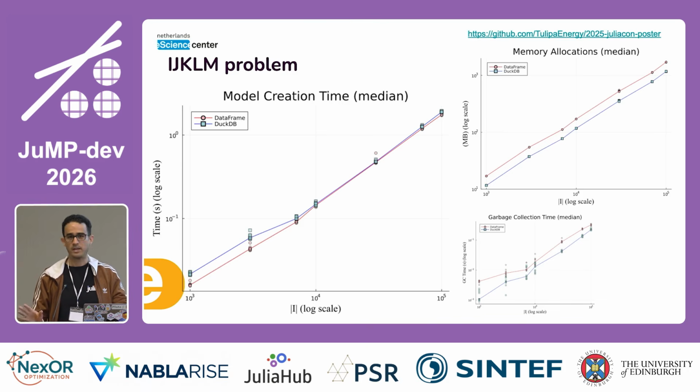And they are pretty much the same. One reason being that DuckDB in Julia uses the same tables backend, so they must be pretty similar. From the memory side, though, it's a little bit better. And also, for reasons, the garbage collection time is also faster. But what we really care about is not being too slow and saving on memory.